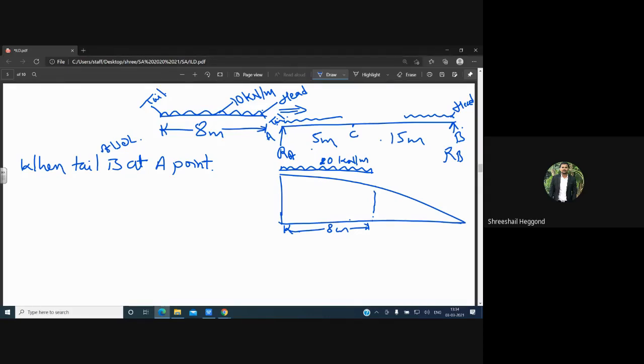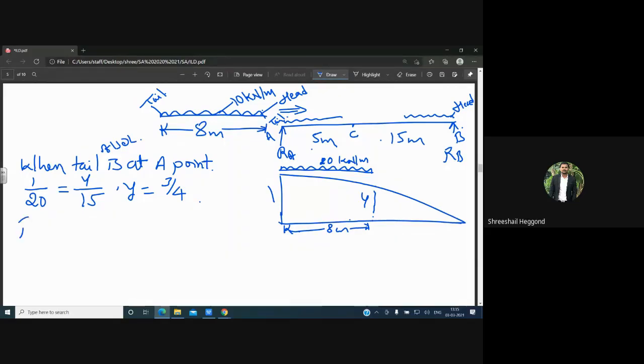The ordinate can be calculated as: this is 1, this is y. y can be calculated as 1 divided by the total span of 20 meters is equal to y divided by the remaining distance of 15 meters. Therefore, y equals 15 divided by 20, that is 3 by 4. And the area can be calculated as (1 plus 3/4) divided by 2 into the perpendicular distance of 8 meters.